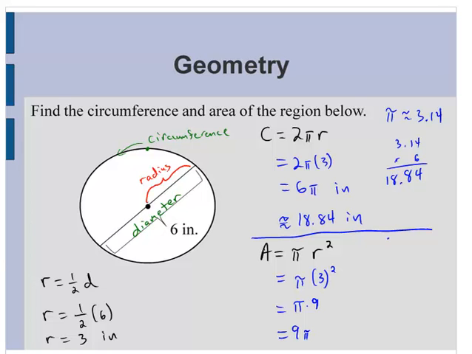And again, if we wanted to multiply that out to get an approximation, that would be approximately 28.26, and the units would be square inches, because it is an area, and areas have square units.